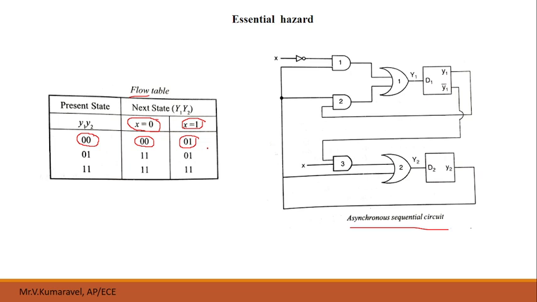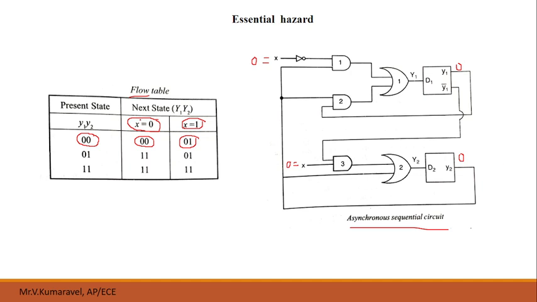Now we'll see what is essential hazard. For example, let us consider x equal to 0. My present state, that is small y1, small y2, are 0, 0.